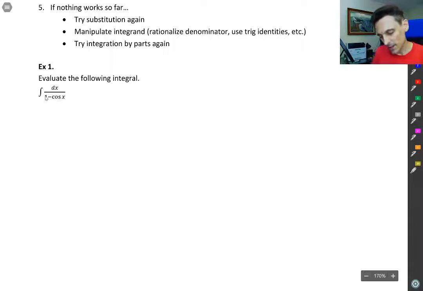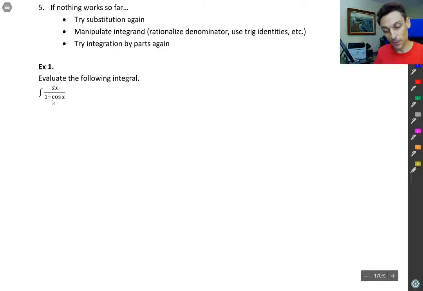In particular, when you see this 1 minus cosine x, does that remind you of any kind of identity? Maybe not exactly, but if we modify it a little bit, there's an identity that we could use to maybe try to simplify a little bit. If you think about 1 minus cosine x, it's really close to 1 minus cosine squared x.